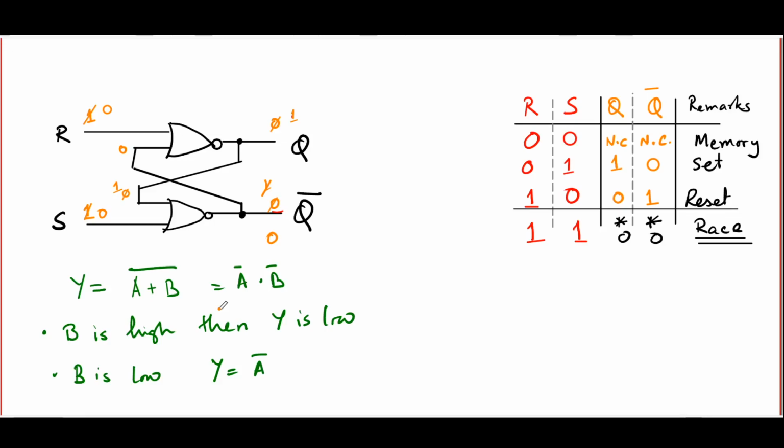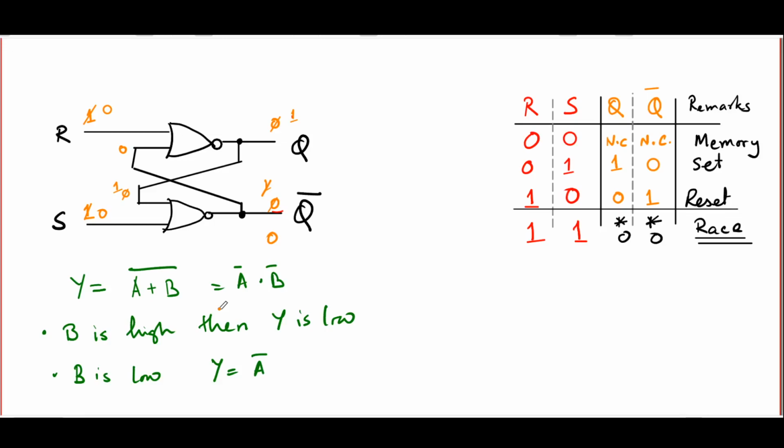That could be either because the two inputs R and S did not go back to 0 simultaneously, or it could be due to the fact that one of the two NOR gates is faster than the other. That would invariably be the case actually. You cannot have identical responses for two different NOR gates.